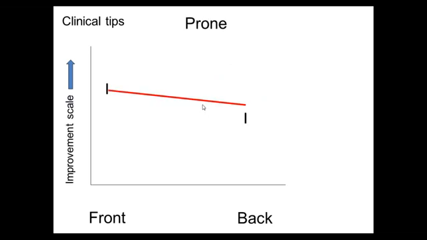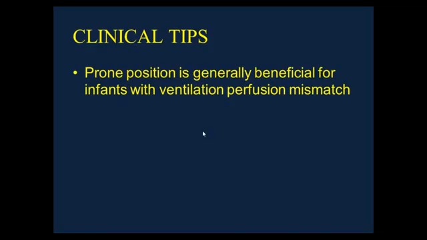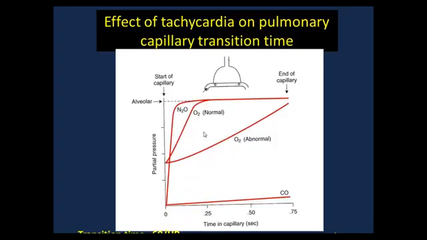If you shift the infant to prone position, then the perfusion will be almost the same back and front, which will be consistent with, or very close to, the ventilation. So the difference between ventilation and perfusion is much less. So the prone position is very helpful in infants with ventilation perfusion mismatch. Clinical tip: prone position is generally beneficial for infants with ventilation perfusion mismatch.